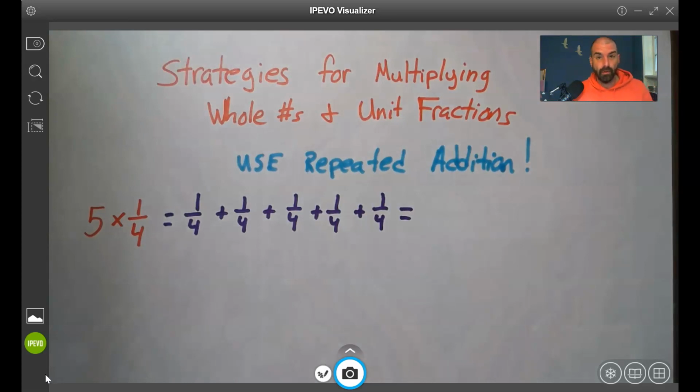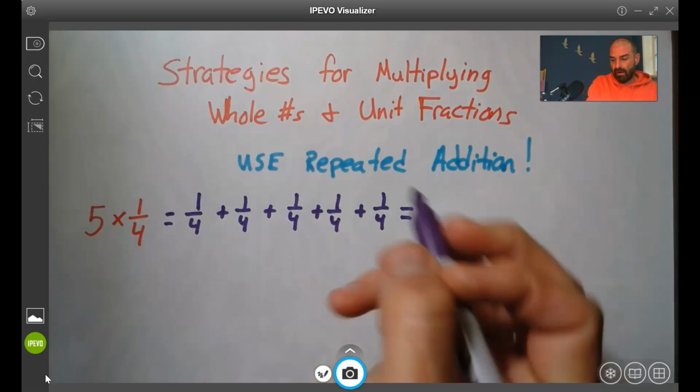We know we add the numerators together and the denominator doesn't change. Why doesn't the denominator change? Go ahead, tell me. Okay, some of you got it wrong, but the others got it right. The denominator doesn't change because that's just the size of the pieces, right? So we're looking at fourths here. The fourth doesn't change. We're just trying to figure out how many fourths we have, and we have 1, 2, 3, 4, 5 fourths.